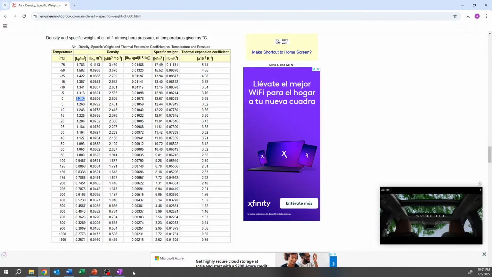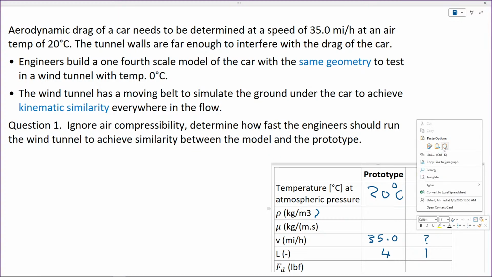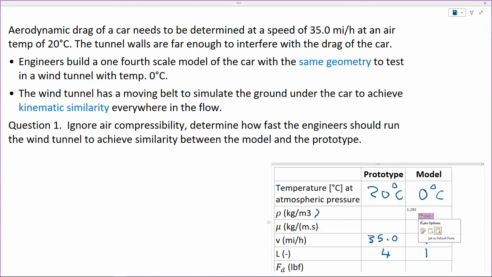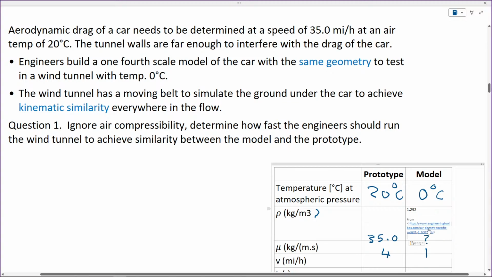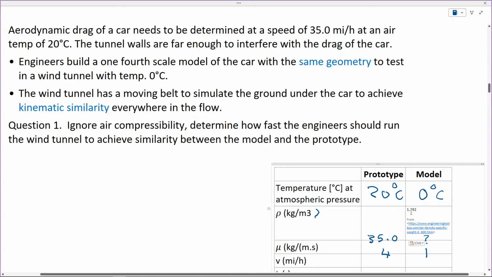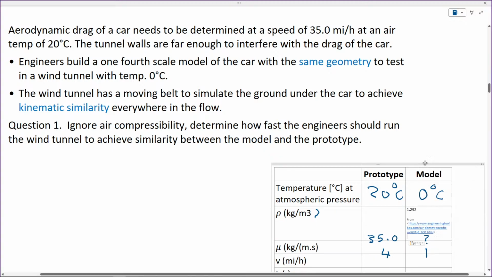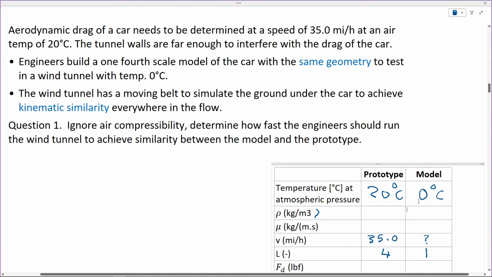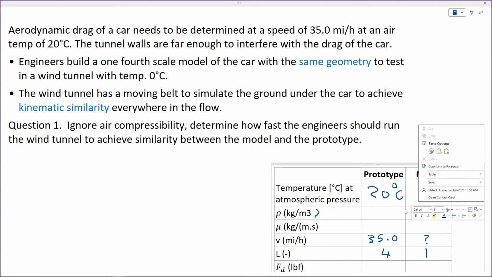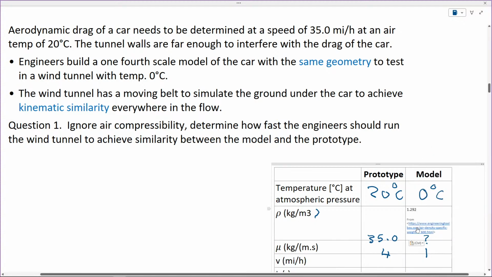This would be at 0. We make it a little bit bigger. Undo. Let's do this one here. Undo, doesn't matter. I can just increase the font.